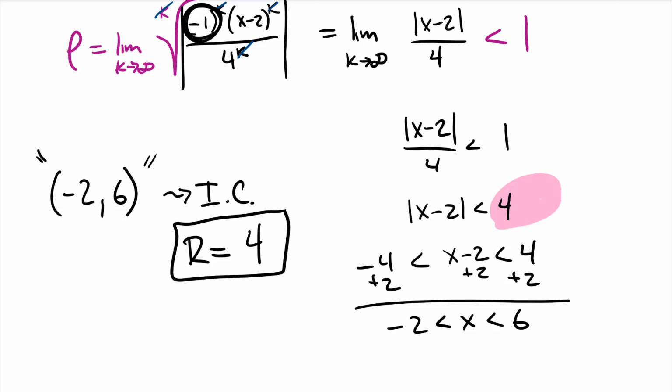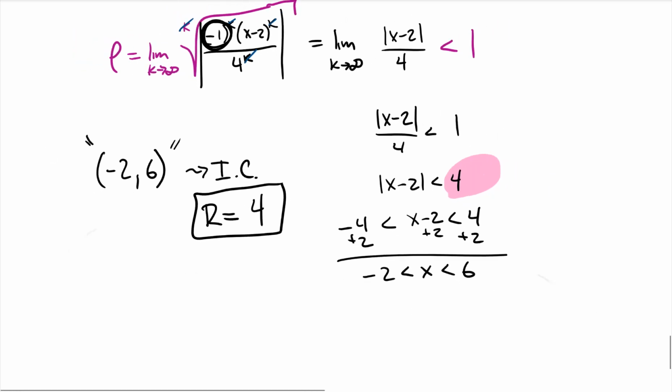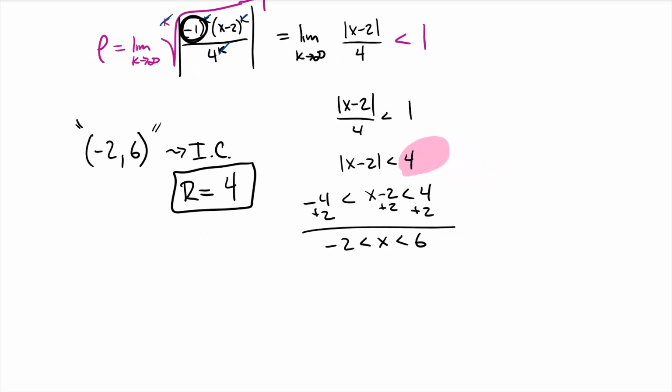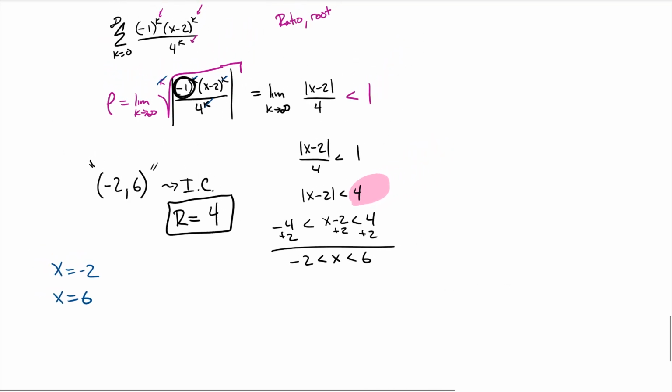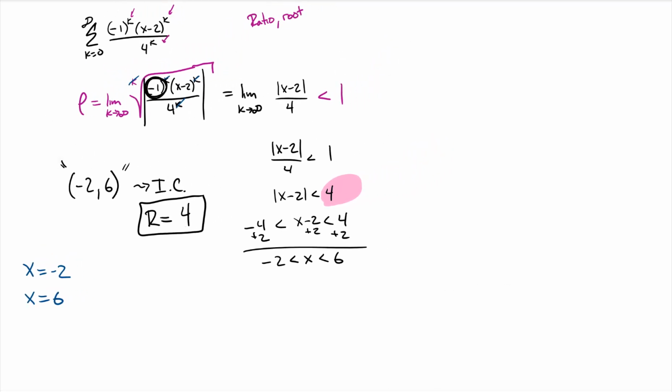But now we need to check our endpoints. So what we're going to do is we're going to check out our endpoints and see if they work. X equals -2. X equals +6. The endpoints. And we want to go back to our original problem and just take a look. Let's see what's going to end up happening here.